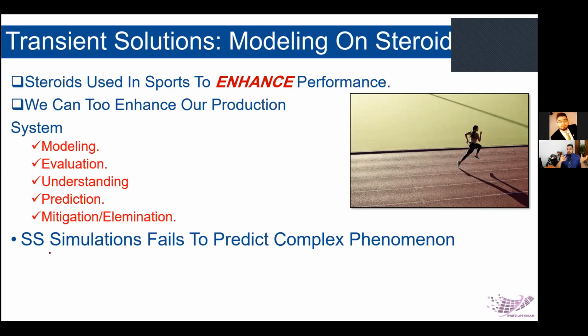In production modeling, we have the same concept, known as transient modeling, which is production modeling on steroids. Transient modeling covers all of the weaknesses of steady state and then some more, meaning that you can model, evaluate, and understand, and you can even predict, mitigate, and eliminate the problems in upcoming operational environments and conditions.